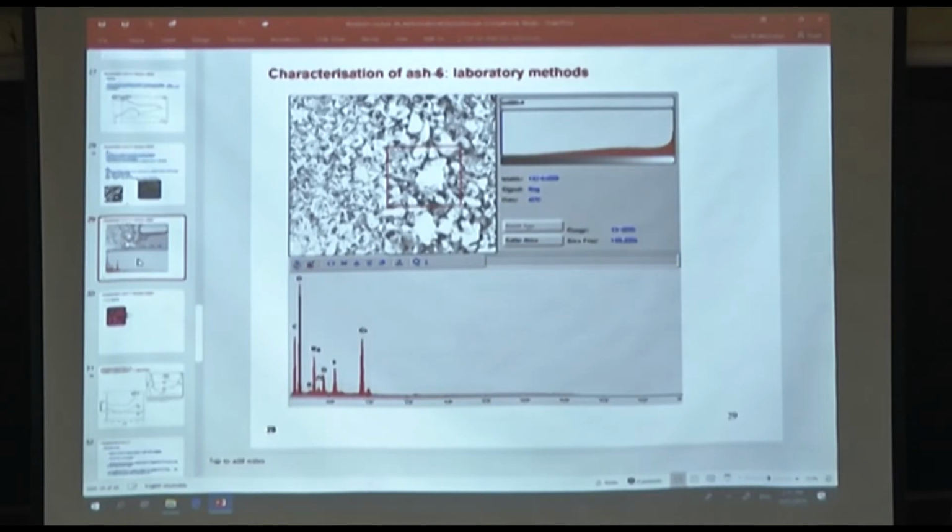What stays is all the pristine components of ash, or the pristine components of minerals, which get converted into ash, as we mentioned. Then you can subject that ash to scanning electron microscopy, and interrogate the software of the SEM through what we call energy dispersive X-ray spectroscopy, EDX, and find out the composition at a particular location.